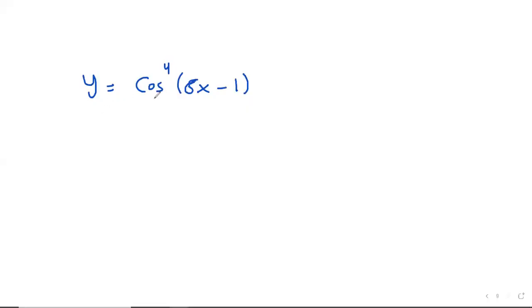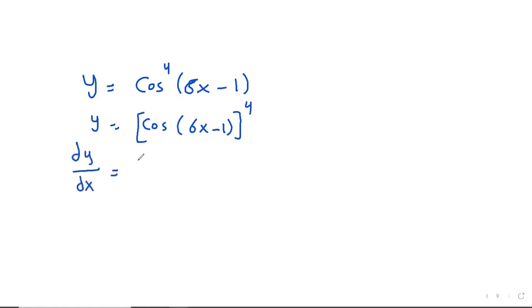Here in this example, y equals cosine to the power of 4 of 6x minus 1. We can write it as cosine 6x minus 1 all raised to the power of 4. And pay attention, we're going to find the first derivative, so we deal with it as a whole function.